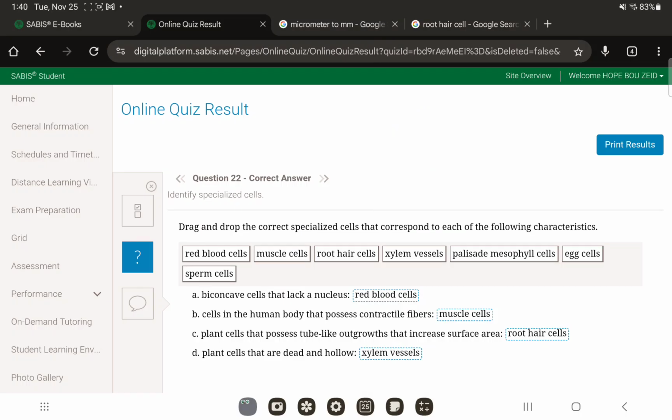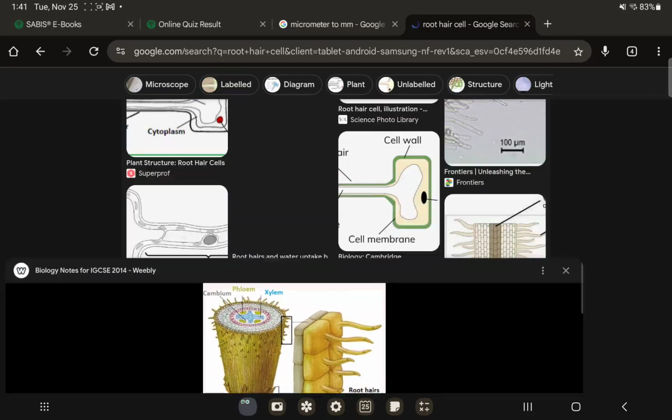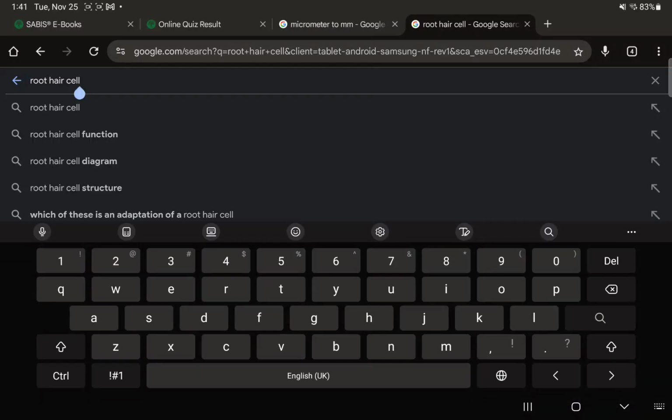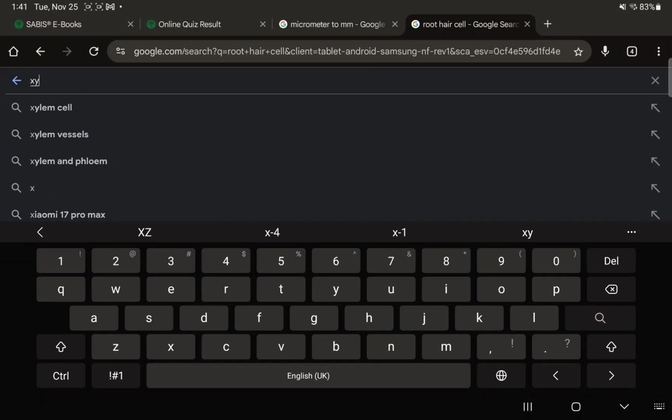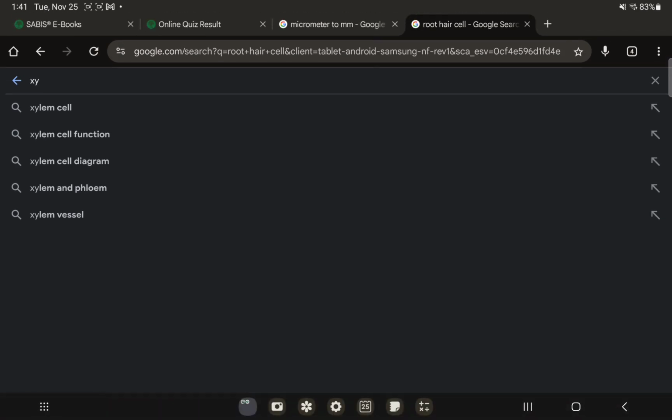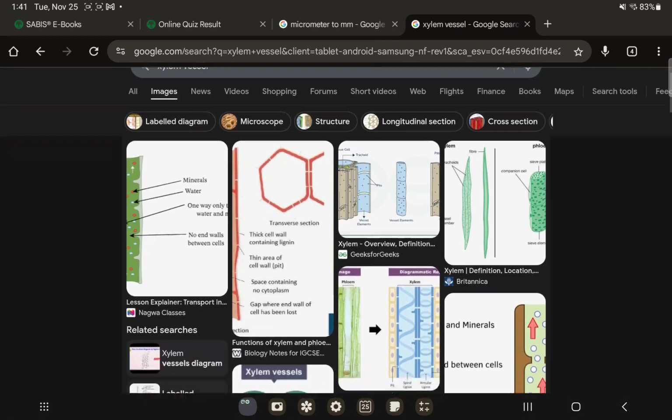And then here, plant cells that are dead and hollow, xylem vessels. Xylem vessels, I believe, are what? Wait, let's see.